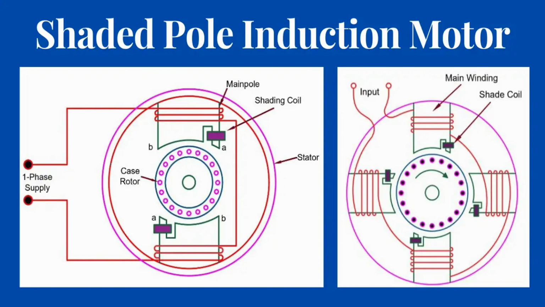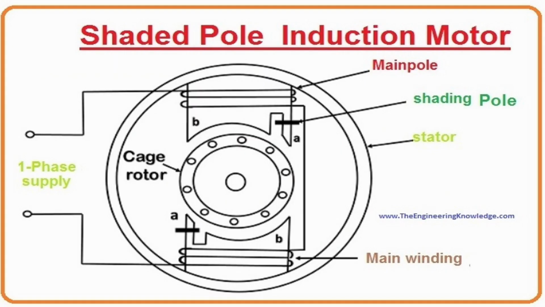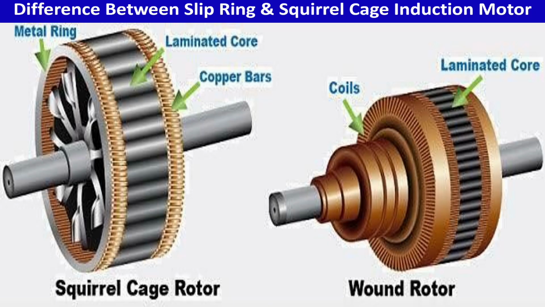This figure shows a shaded pole induction motor. This figure also shows a shaded pole induction motor. This figure shows the difference between slip ring and squirrel cage induction motors.